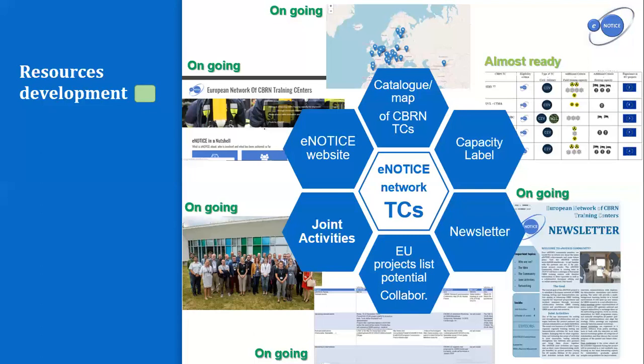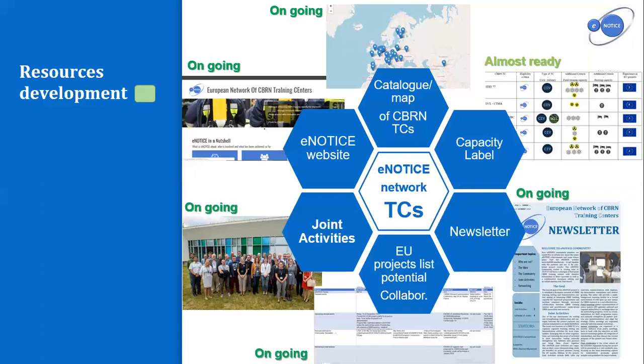The EU project list for potential collaboration. This is more dedicated to an internal use. We have organized this list to have a quick overview of the projects that could be interesting for new collaboration.